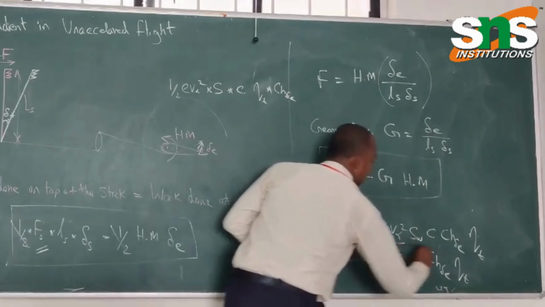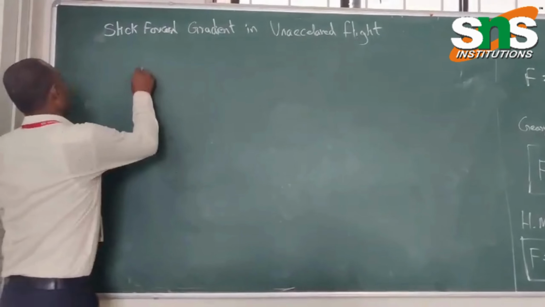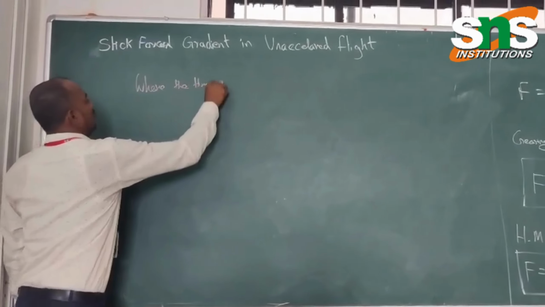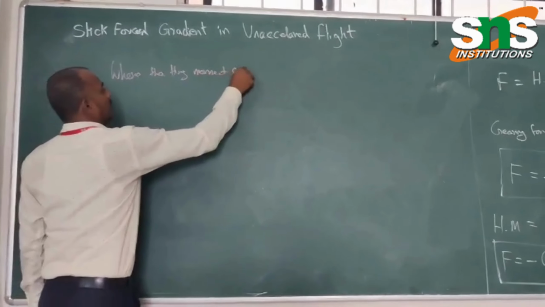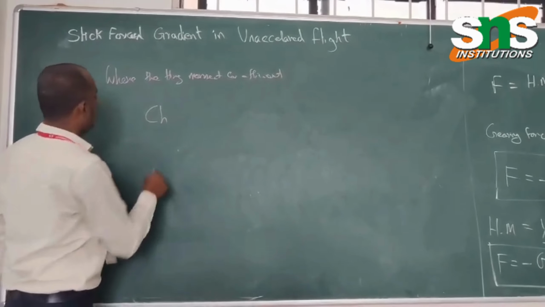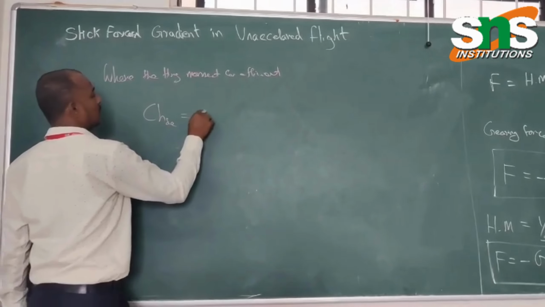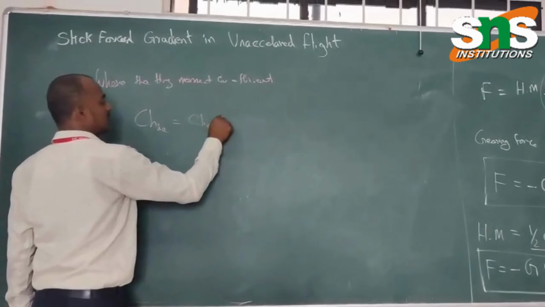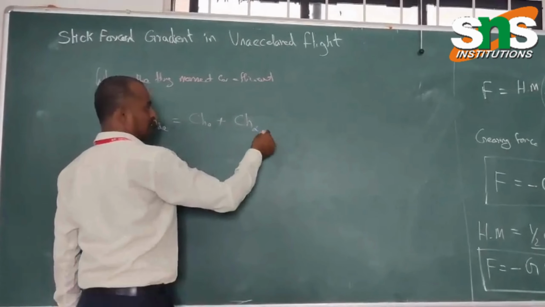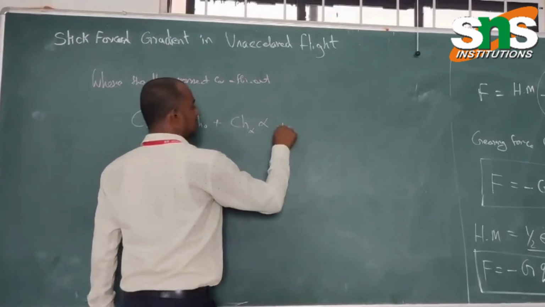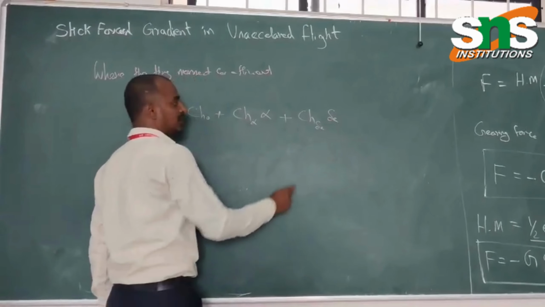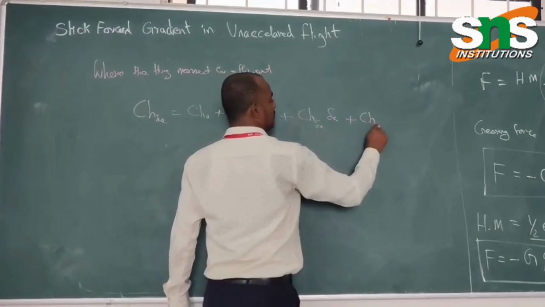This is the stick force. Now the hinge moment coefficient C_H delta is equal to the zero hinge moment coefficient C_H0, plus the hinge moment coefficient due to angle of attack, plus the hinge moment coefficient due to deflection of elevator, plus the hinge moment coefficient due to deflection of the trim tab.